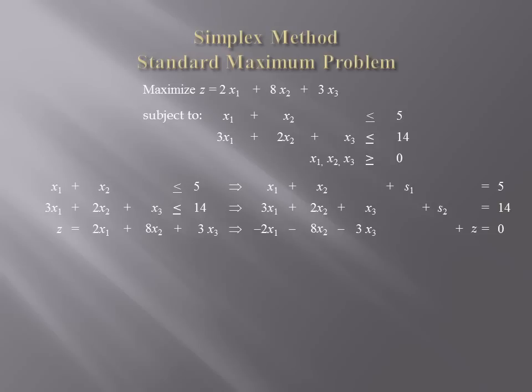We have a system of linear equations. There are 3 equations in 6 unknowns. The 6 unknowns are x1, x2, x3, s1, s2, and z. The equation containing the z must appear last in this system.